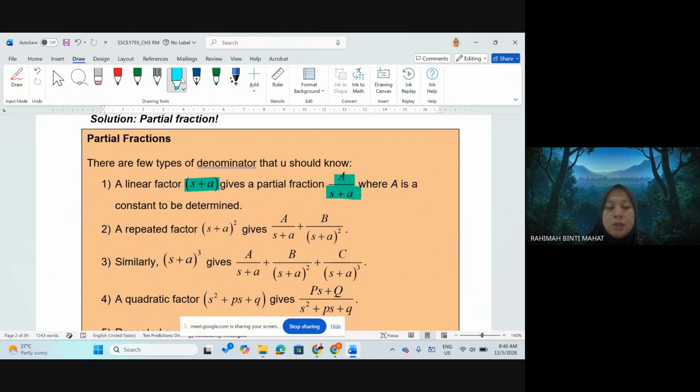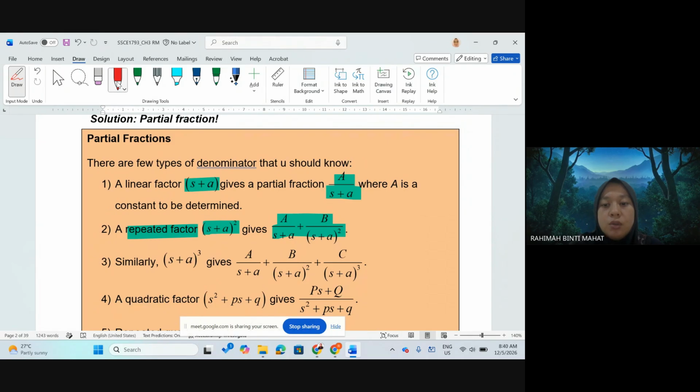if the denominator is a repeated factor like s plus a squared, it gives you this one. This is the partial fraction for the repeated factor. And for example, if it is s plus a cubed, there is another term.